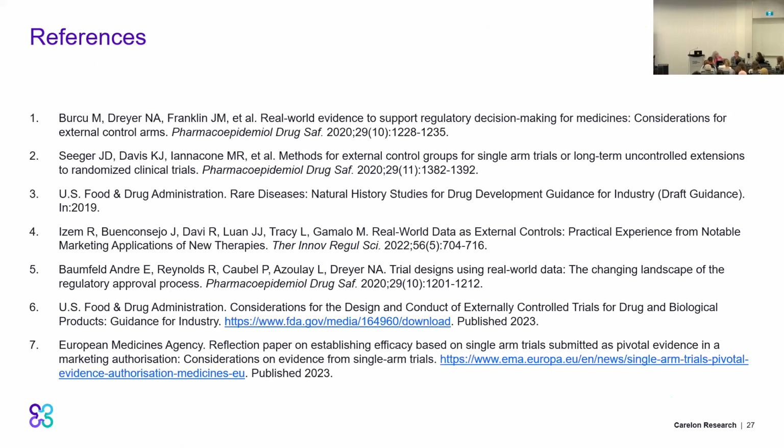Do you have an idea of how much one would have needed to relax the eligibility criteria to get to a number that would be valuable? You mean expand our eligibility criteria to get a larger number of patients? I'm not sure.